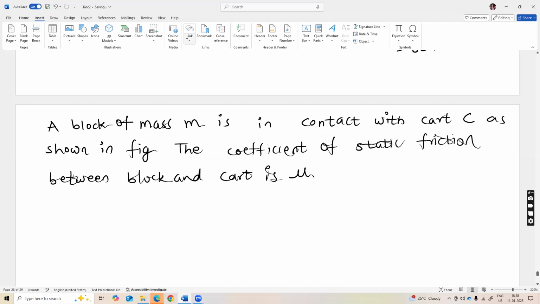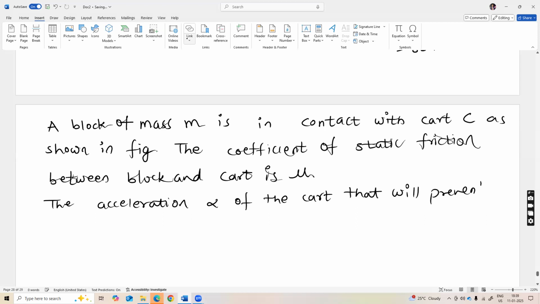The acceleration alpha of the cart that will prevent the block from falling satisfies.